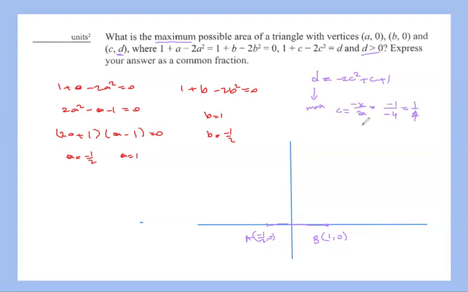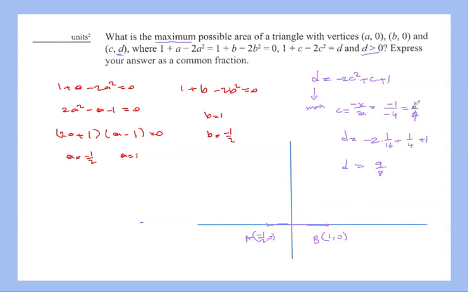If you plug that in, you will get d as -2 times 1/16 plus 1/4 plus 1. Which will give us -1/8, that's 2/8, so that should be 1/8 plus 1, which is 9/8. So the largest value we can get for d is going to be 9/8.